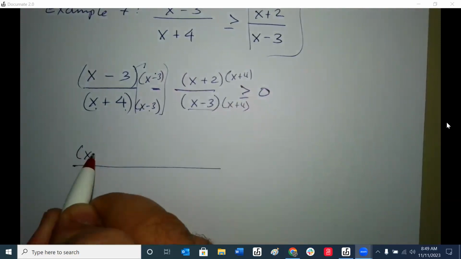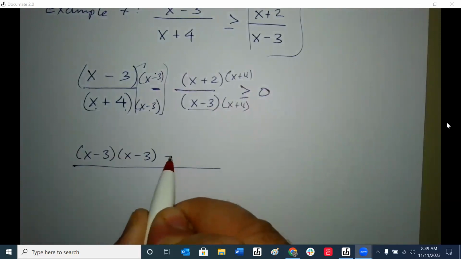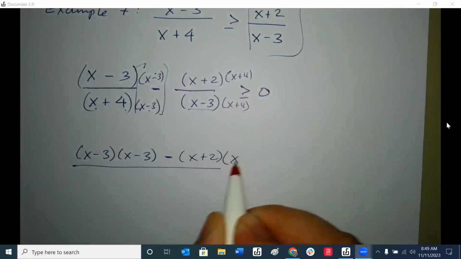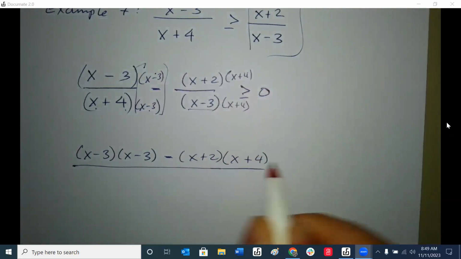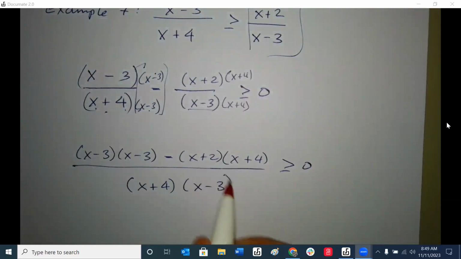So I have x minus 3 minus x plus 2, x plus 4 is greater than or equal to 0. And on the bottom, we have x plus 4 times x minus 3.